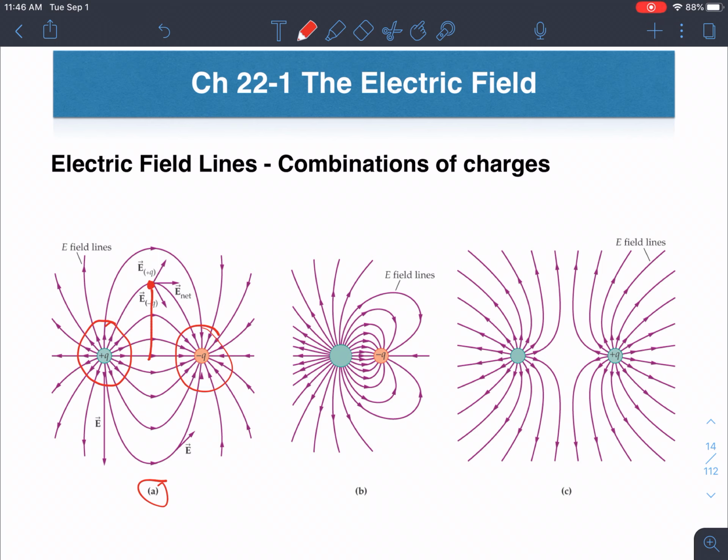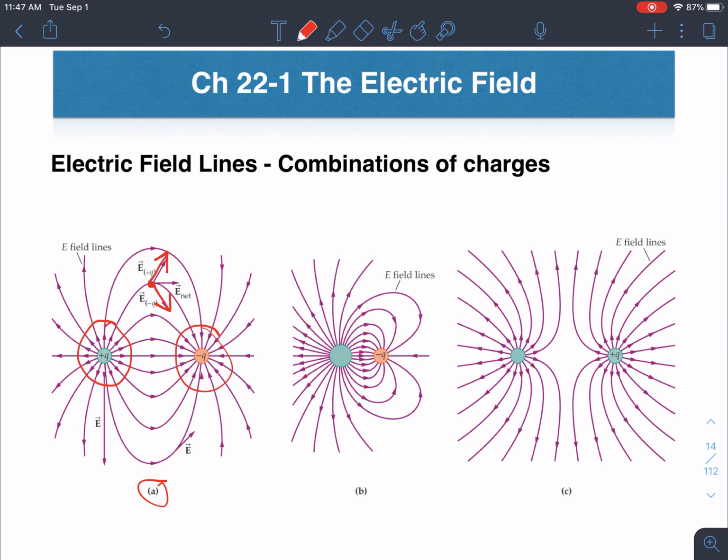Okay, so what we need to do is just focus on that point and think about positive Q. The electric field is radially outward, so you draw this electric field vector, and then from that point, negative Q creates an electric field towards itself, right? Again, positive charge away from it, negative charge towards it. I started my vectors from the point of interest, just an arbitrary point for now. One of them is the electric field due to positive Q, the other one is due to the negative Q.